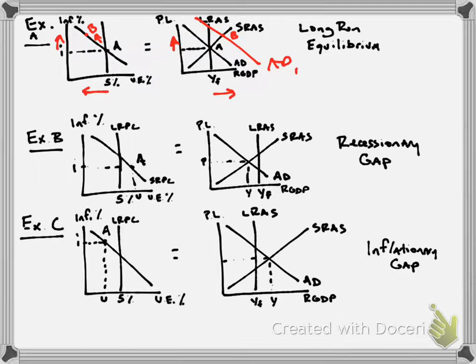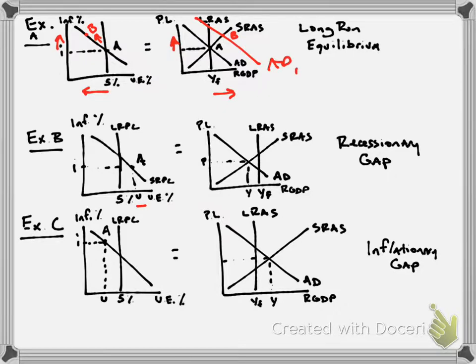All right, moving down. Let's take a look at example B. Now we've got an economy where point A is to the right of our long-run Phillips curve. Well, let's think back to what that long-run Phillips curve means. The long-run Phillips curve measures the level of unemployment in the long run, right? So if we're at point A, that means we have more unemployment. You can barely see it in there, but U represents our current unemployment rate.